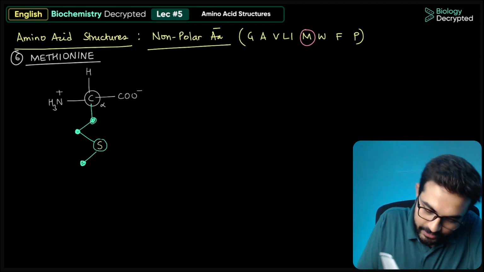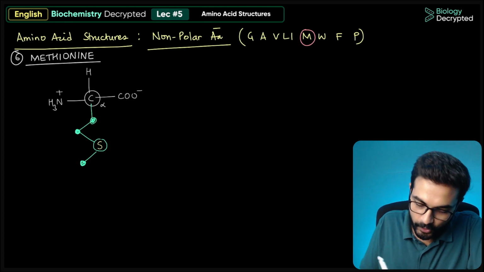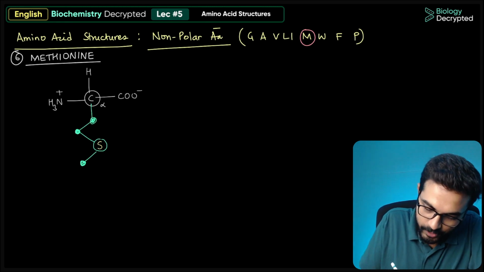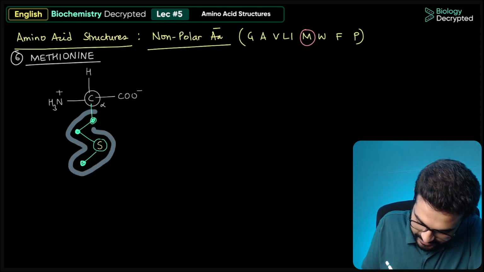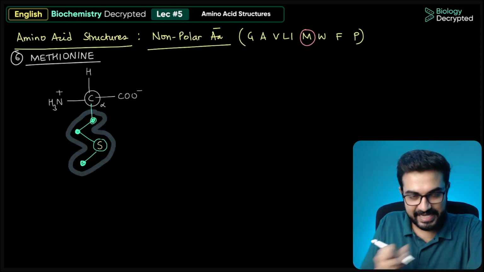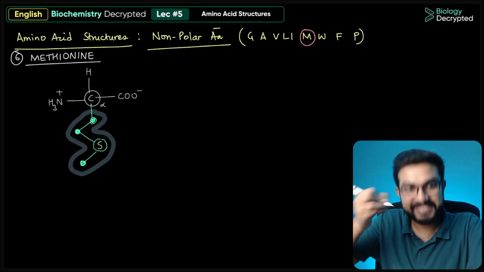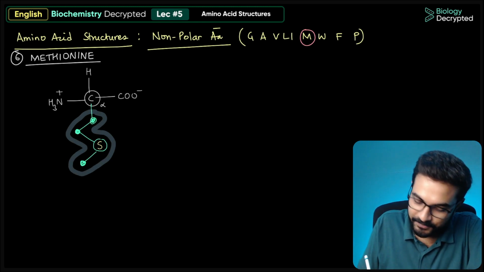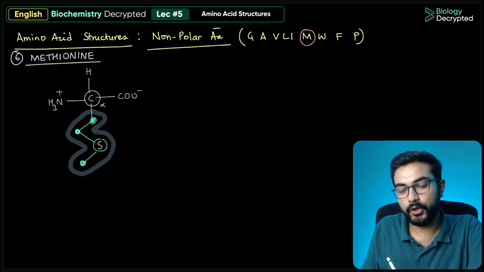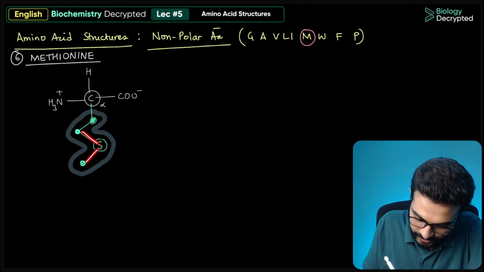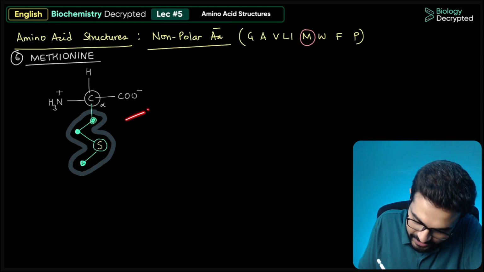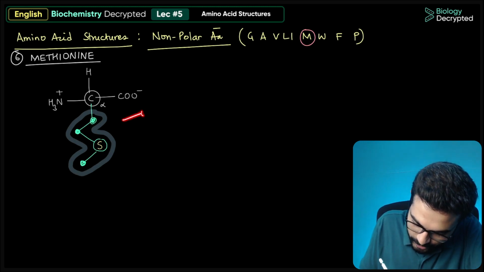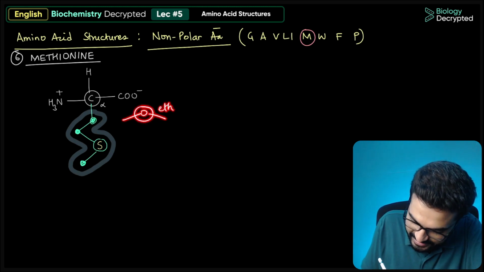Well, if you try to identify what type of bond this is, first let's highlight it. This is the R group, this S-like structure, and there is an S inside this S. If we talk about this particular bond, this represents a thioether bond. If you talk about a single bond with O, this represents an ether.